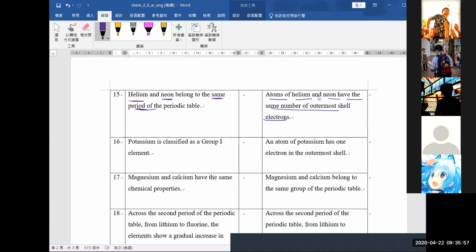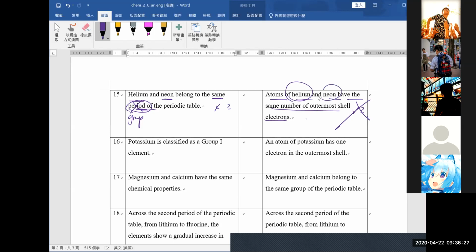You just write it down as C. That means the first statement is wrong, the second statement is correct. Agree? The first statement is wrong. It's not the same period. It belongs to the same group. But the second statement is also wrong. Helium and neon, even though they belong to the same group, do not have the same number of outermost shell electrons.